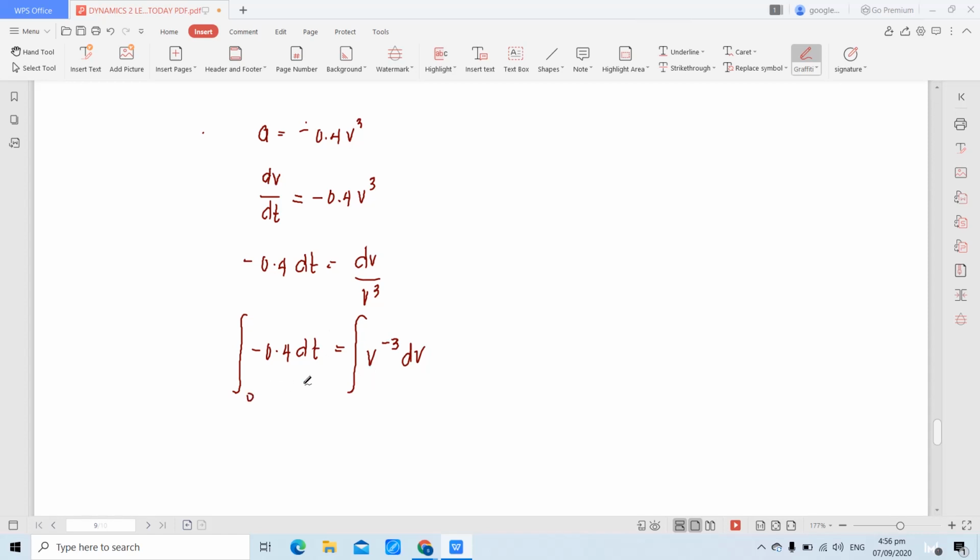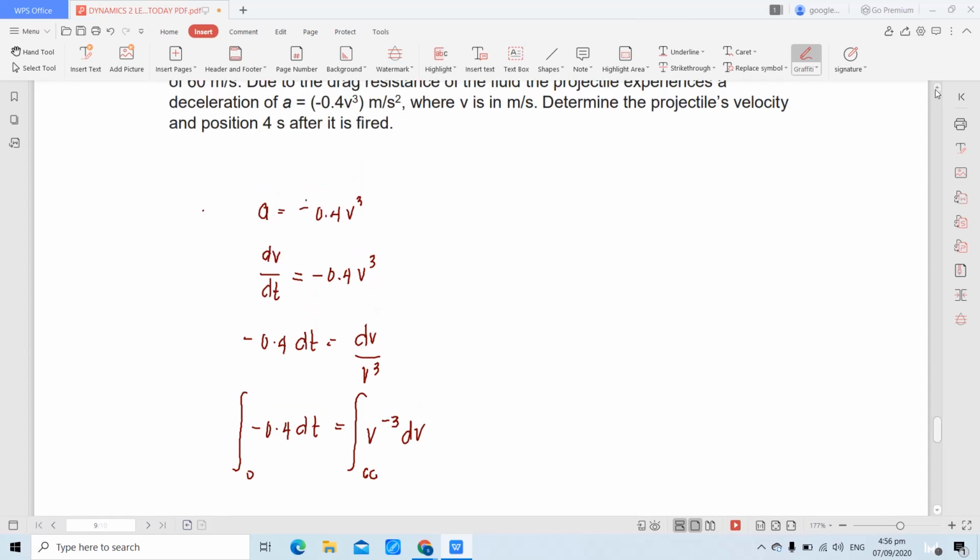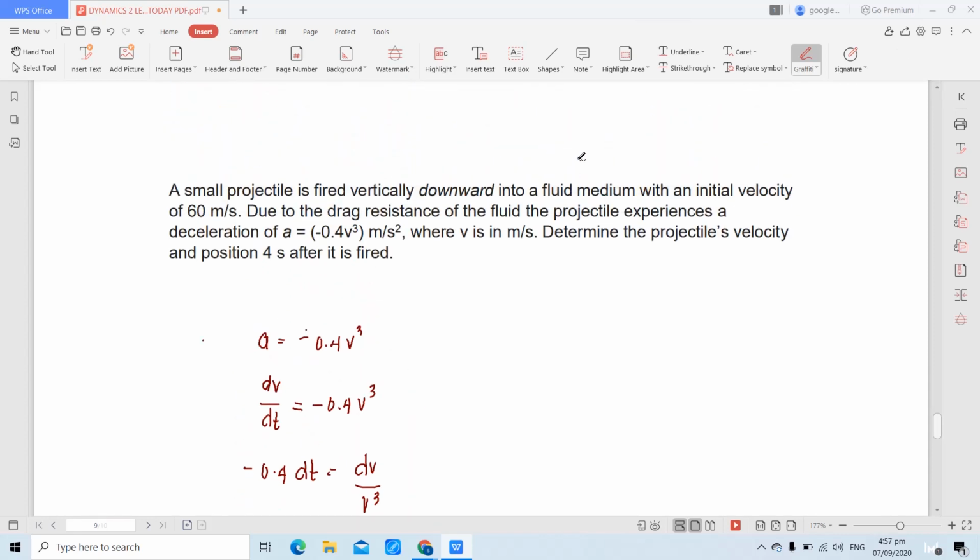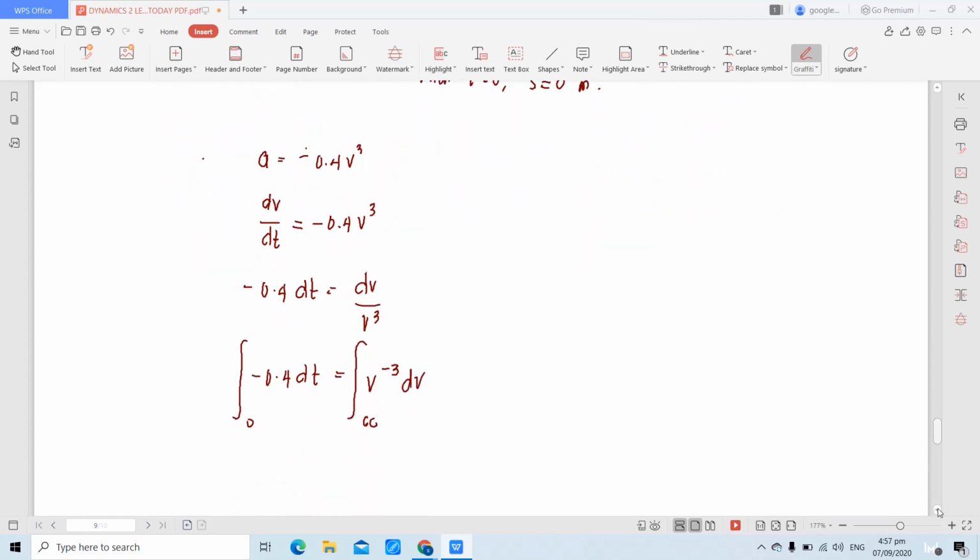So, that is 0, and this is 60 meter per seconds. Dagdagan lang natin yung problem. Nawala lang po, this is included in the problem. When t is 0, the position is 0 meters. No, that is included in the problem po. Nawala lang po siya. So, this is up to final time t and to final velocity v.